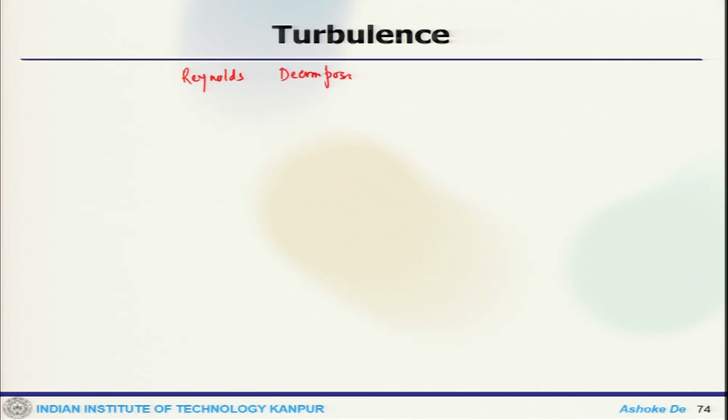Now, that brings us to the Reynolds decomposition. It was Reynolds who proposed in 1895 that an instantaneous flow field can be written as a mean plus a fluctuating component. After Reynolds averaging, there are some important properties.